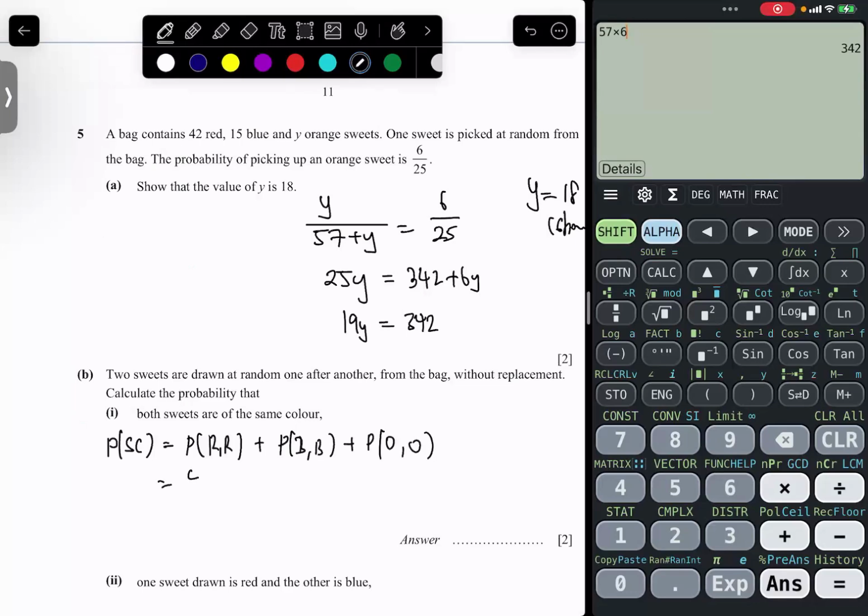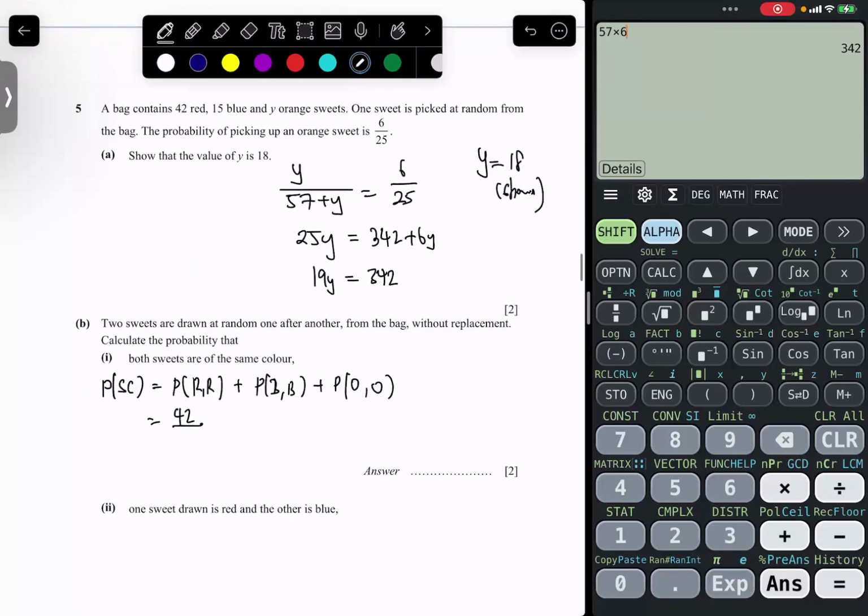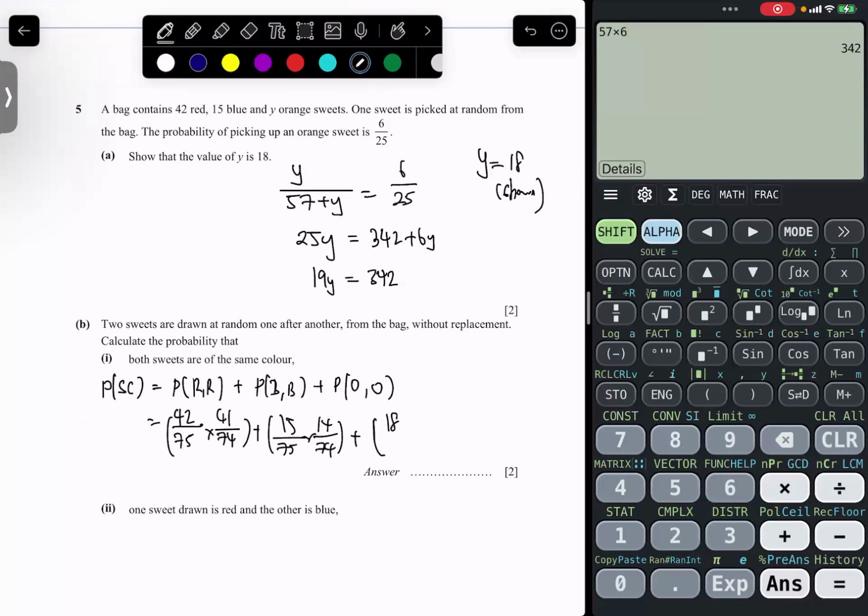Okay, so red will be 42 over 75 times 41 over 74, plus probability of blue is 15 over 75 times 14 over 74, plus 18 over 75 times 17 over 74, equals 42 times 41 plus 15 times 14 plus 18 times 17, divided by 75 times 74, okay, 373 over 925.